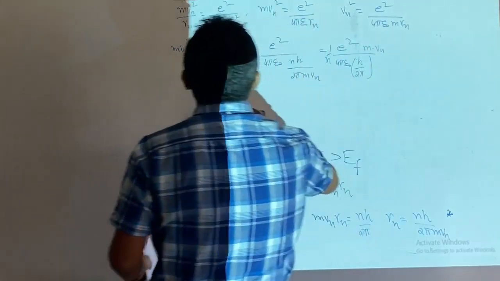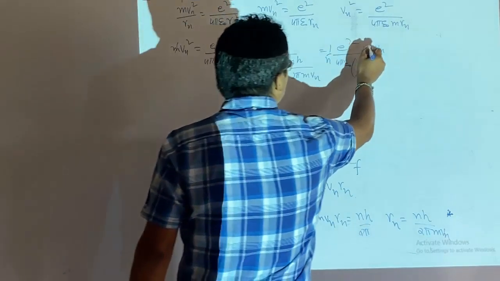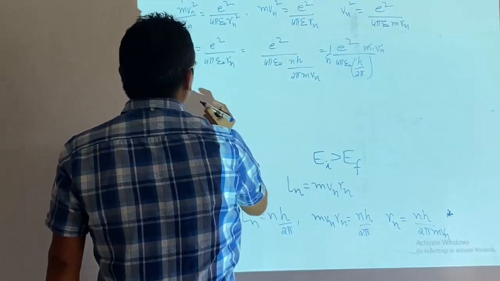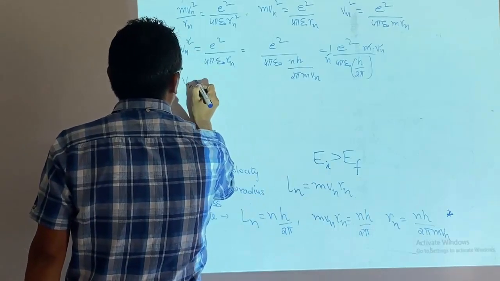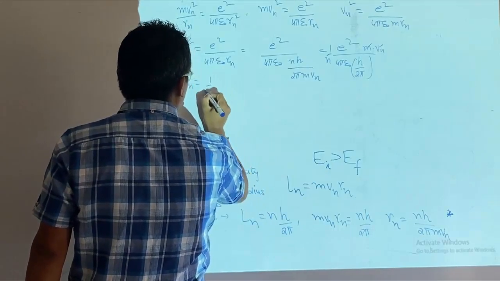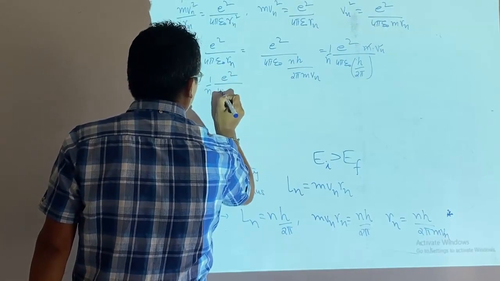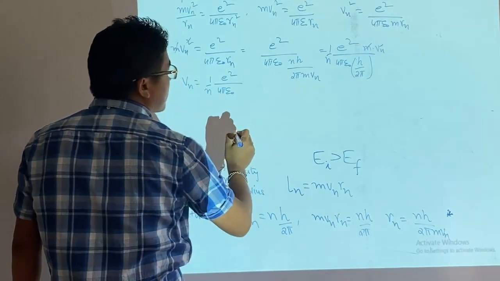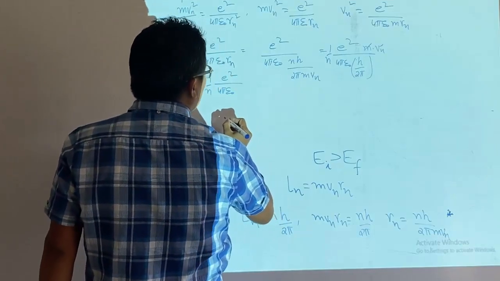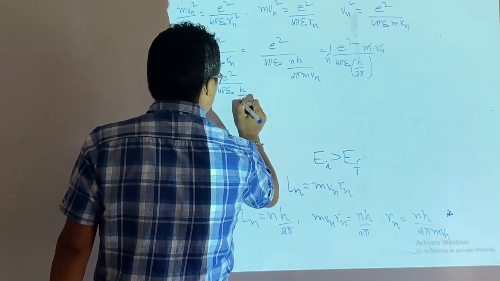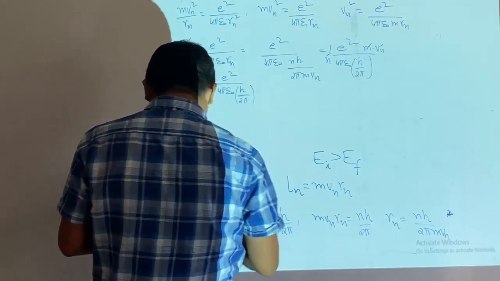This m cancels out with this m, and Vn cancels out with this Vn. Finally I get the value: Vn is equal to 1 by n, e square divided by 4 pi epsilon naught h by 2 pi.